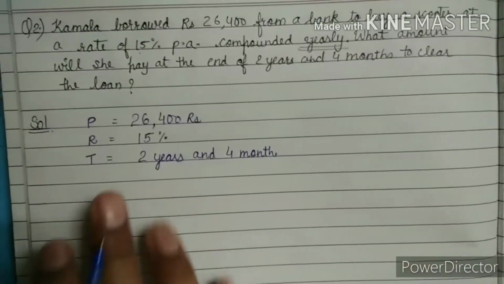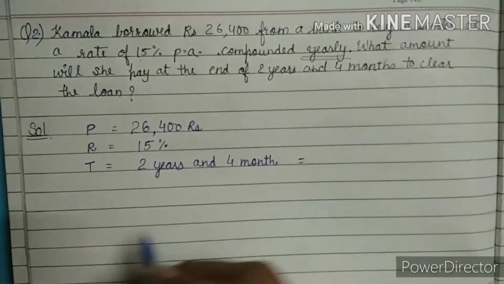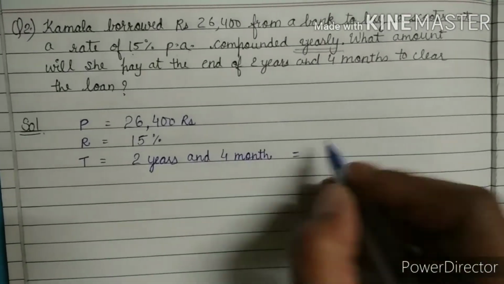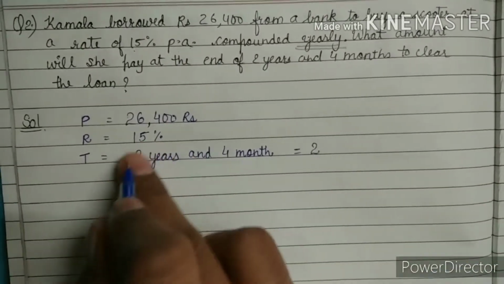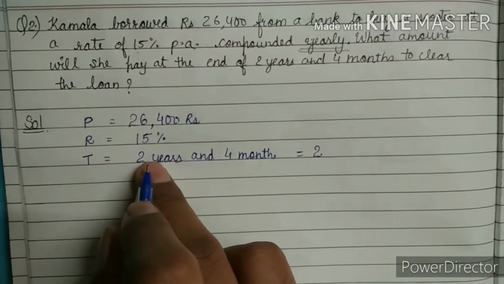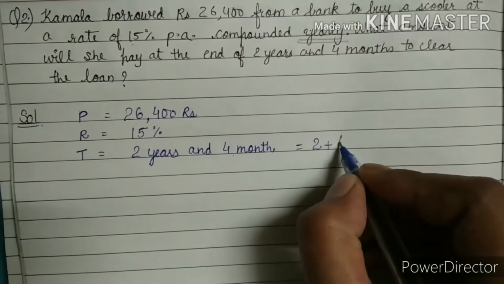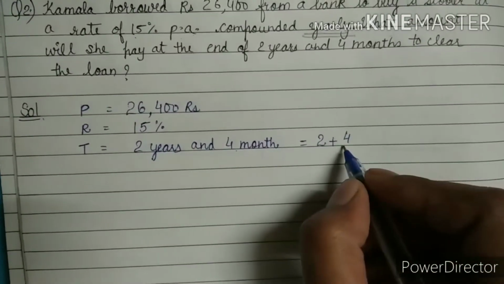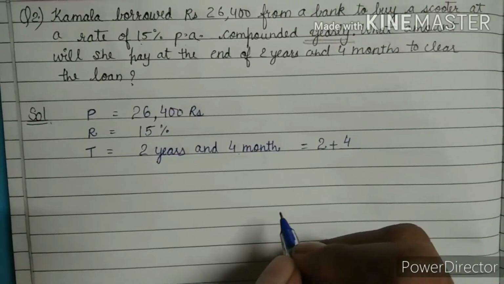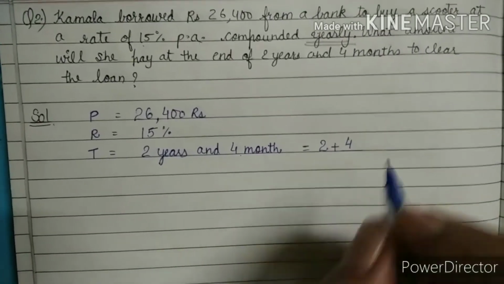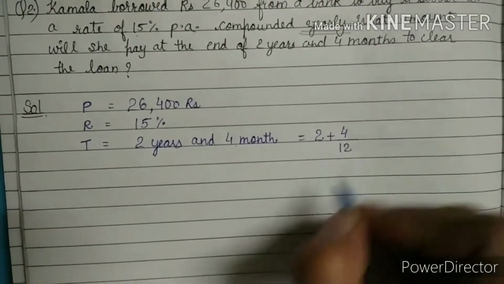Now this we have to write with the help of a fraction. So 2 as it is, because 2 is the whole number of years, and plus 4 months. But we know in 1 year how many total months? 12 months.